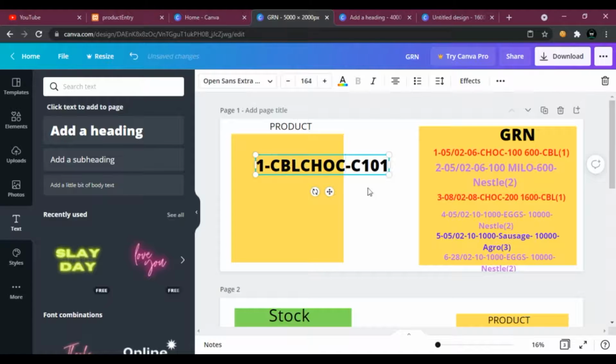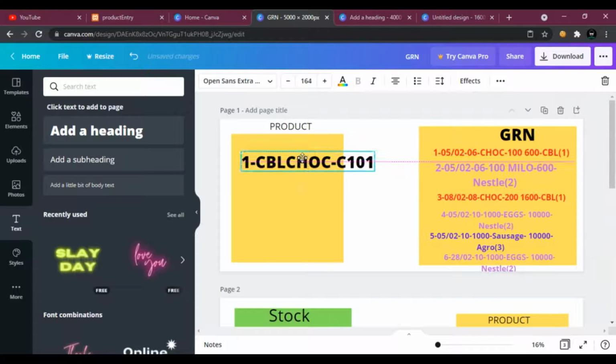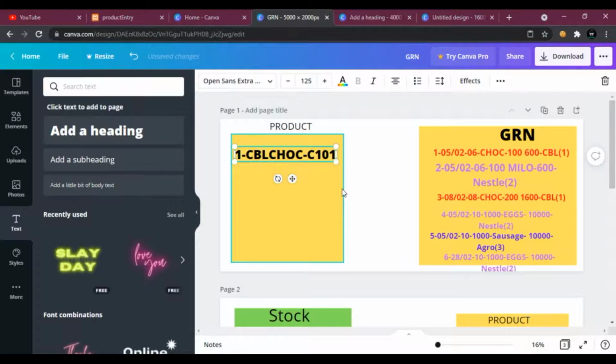There can be chocolates from Nestle, there can be chocolates from Agro, right? That's why I have mentioned the CBL chalk. If it's a Nestle chalk, it will be mentioned with a new product ID.